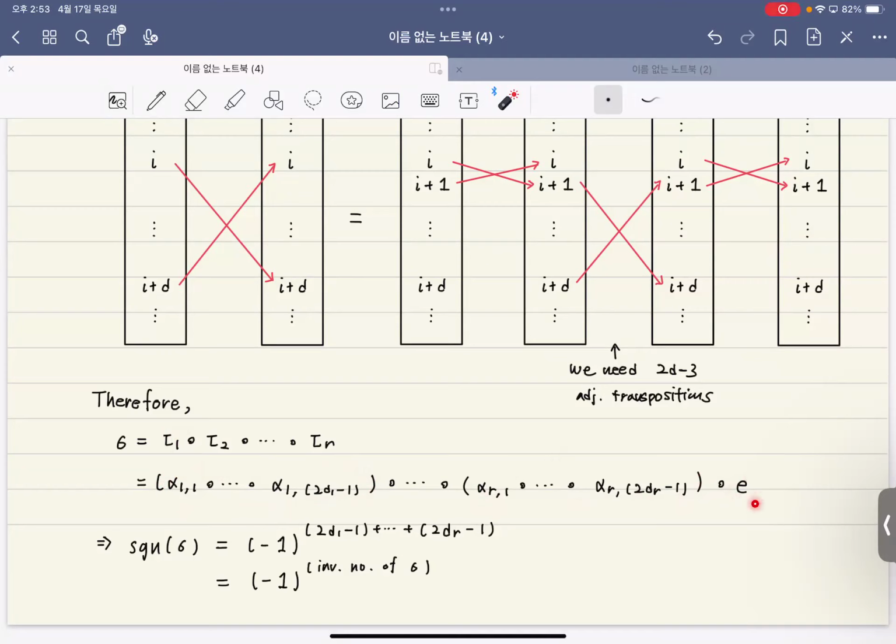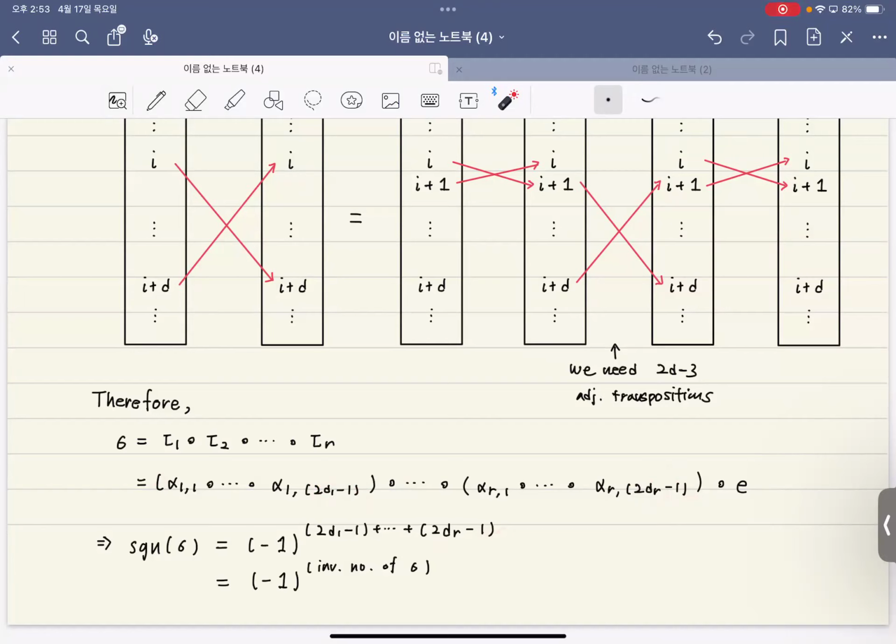And I put one additional identity over here. Then what is the sign of this permutation, right? Well, these adjacent transpositions are still transpositions. So therefore, the sign of this permutation must be minus 1 raised to the power of 2d1 minus 1 plus 2d2 minus 1, all the way up to 2dr minus 1, right?